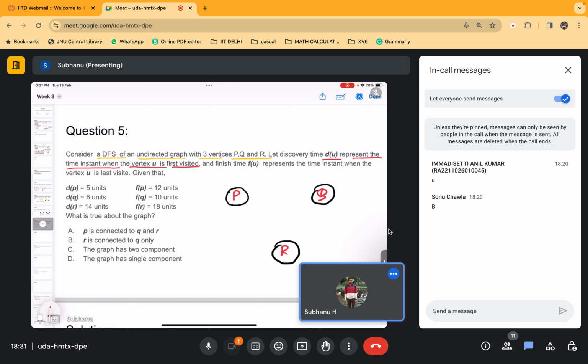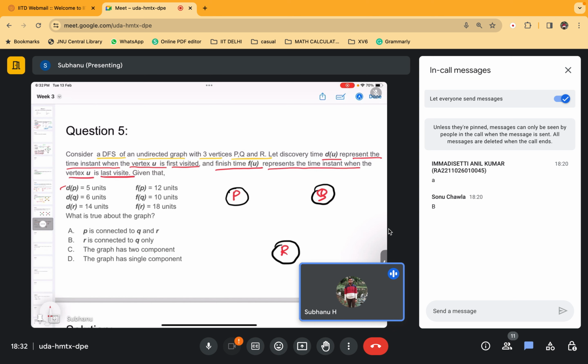So this d(p), basically the time, tells you the time when you first visited this node, and f(u) is the finish time, when you last visited this node. This represents the time instant when the vertex u is last visited.